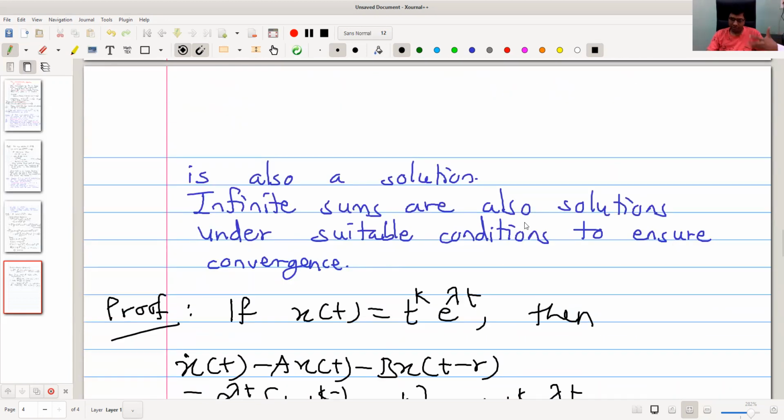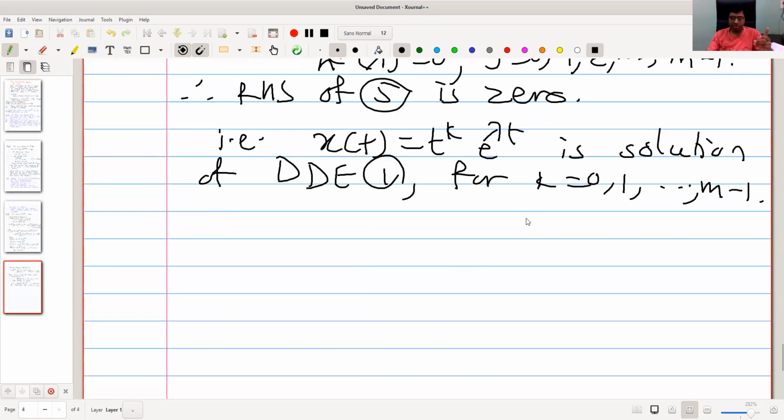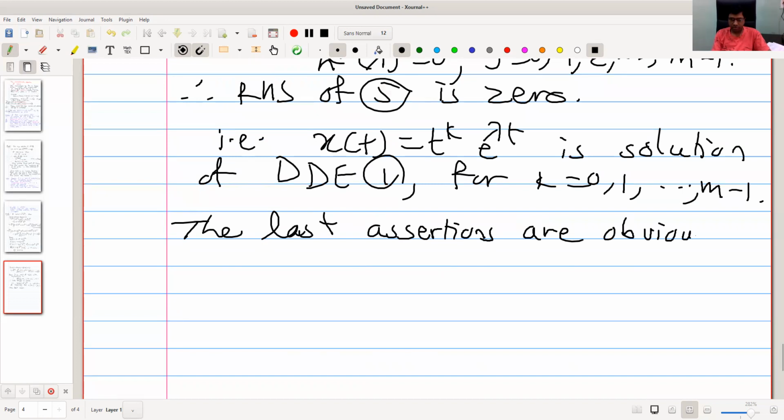And if we consider an infinite sum and that series is convergent, then no issue, that is also a solution. The last assertions are obvious. This proves the result. Thank you.